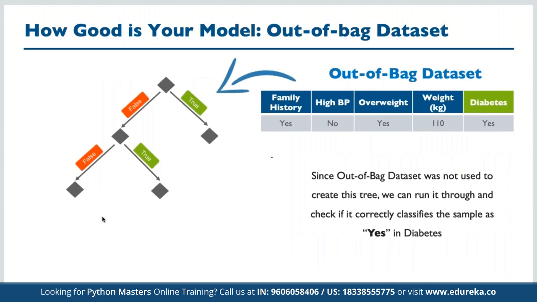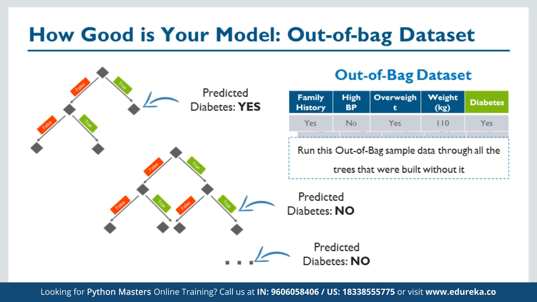And again, you are going to use voting. How many trees predict this class correctly would become your accuracy. So let me quickly reiterate what I said. There would be some rows which are not given to the trees because of the random sampling with replacement.